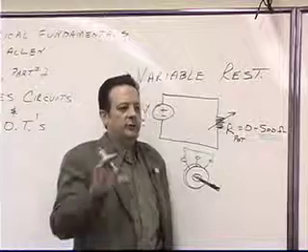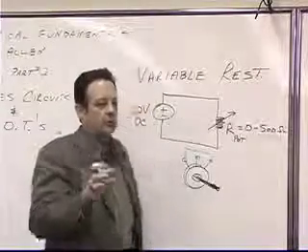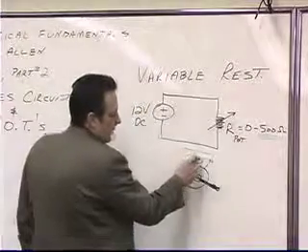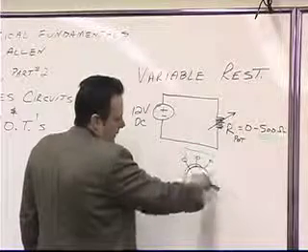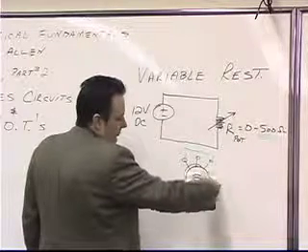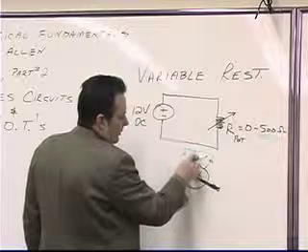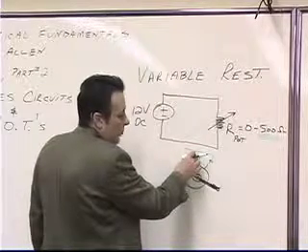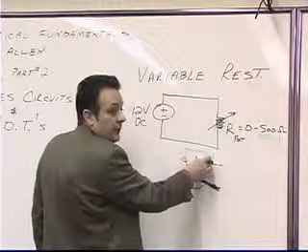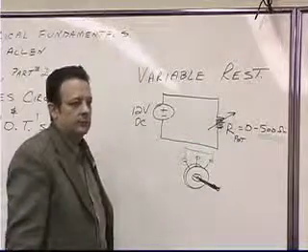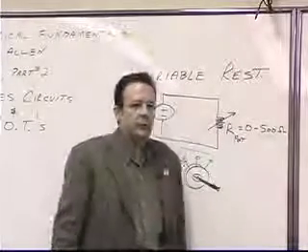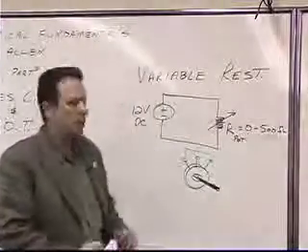It's just that some of them are made in reverse so that as you turn the knob to the right or clockwise, this side will go up and this side will go down, and then sometimes vice versa.